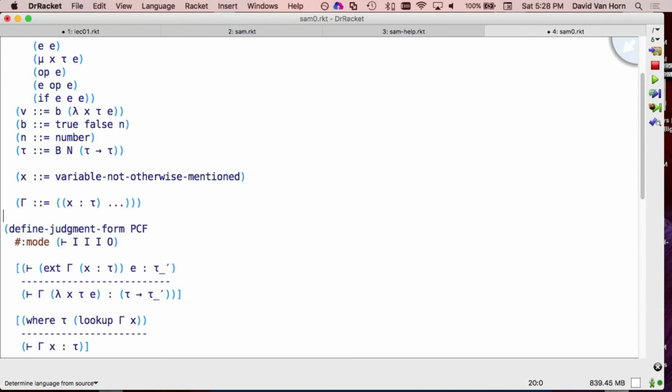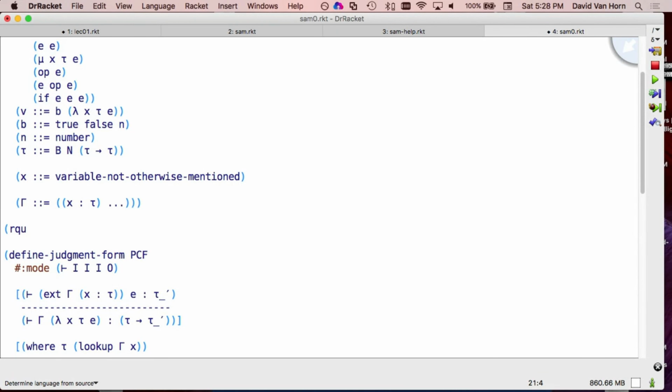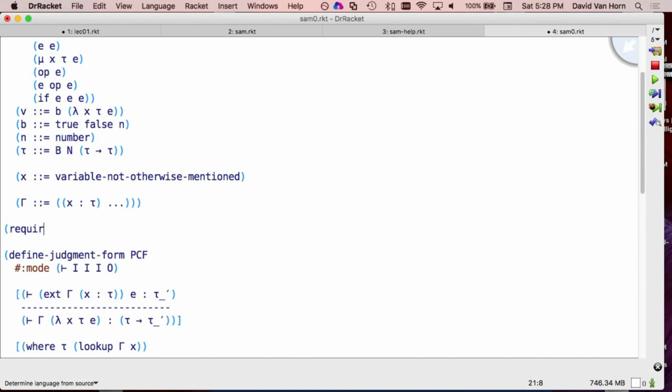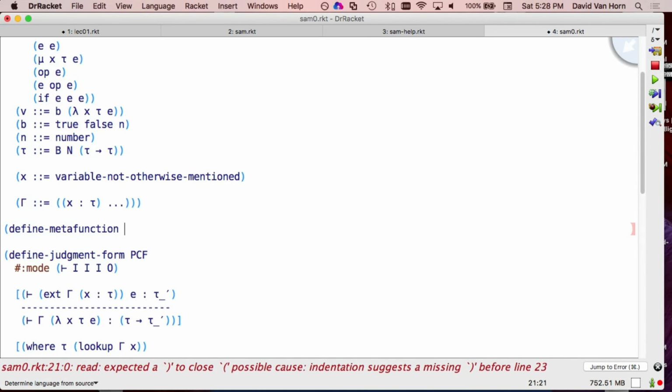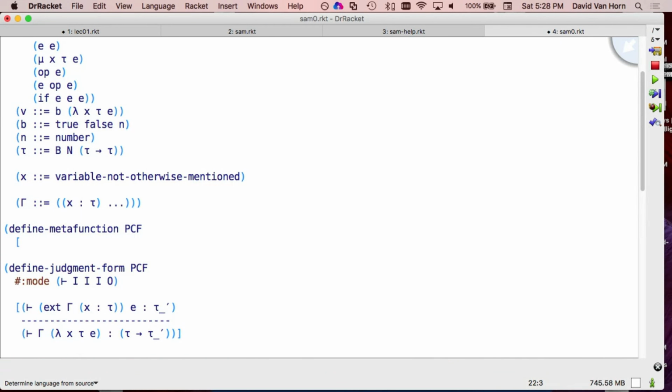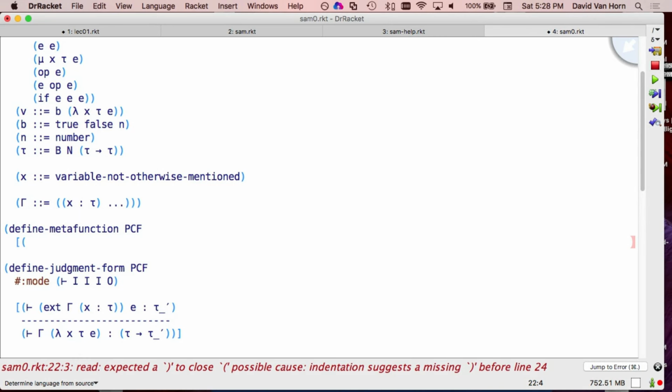So let's just define it. That is a metafunction in the language PCF, and here's the definition of the function.